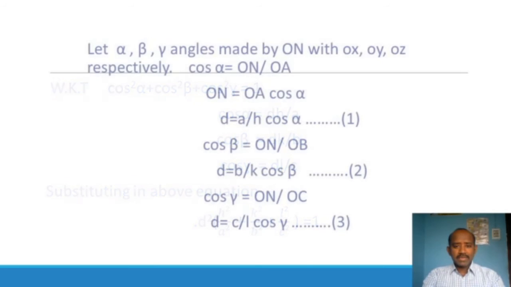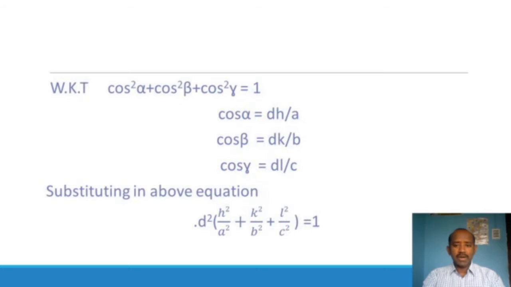From the previous expressions we can find cos alpha, cos beta and cos gamma. Cos alpha is equal to dh by a, cos beta is equal to dk by b, and cos gamma is equal to dl by c. Substituting in the above equation, we square each term: d square h square by a square, plus d square k square by b square, plus d square l square by c square.